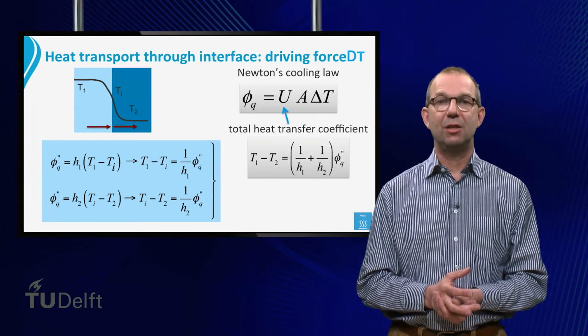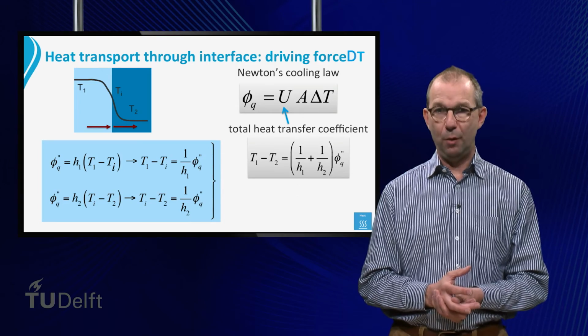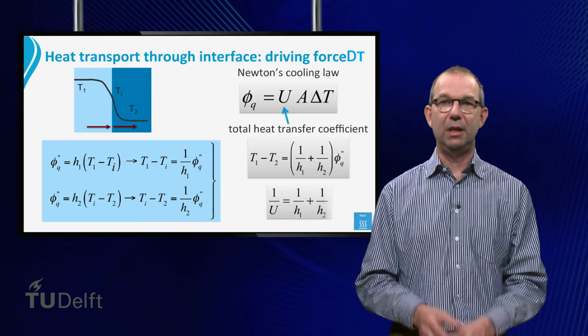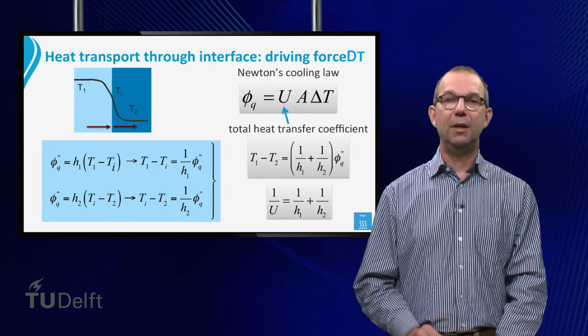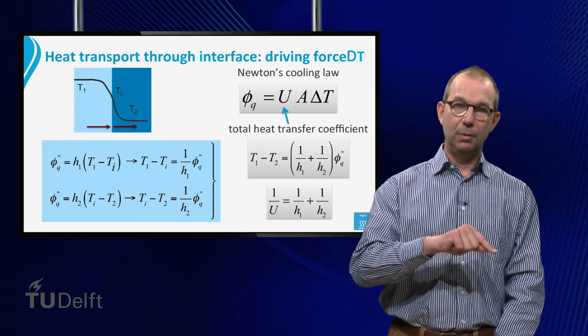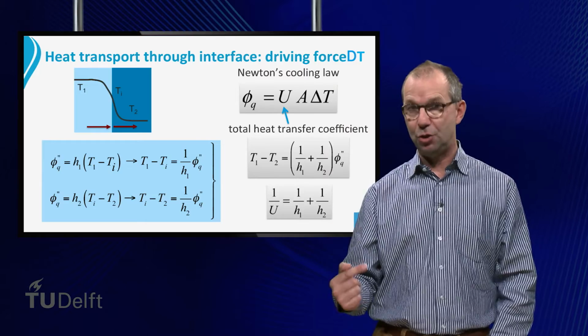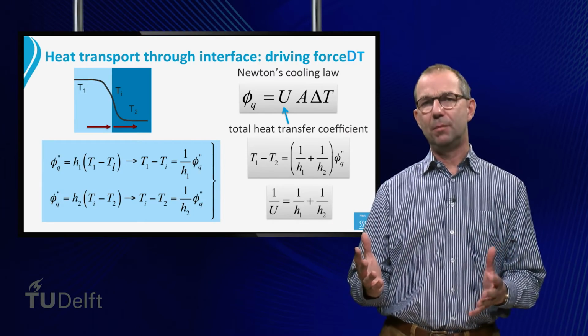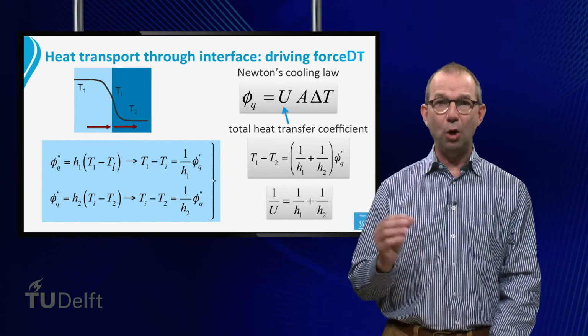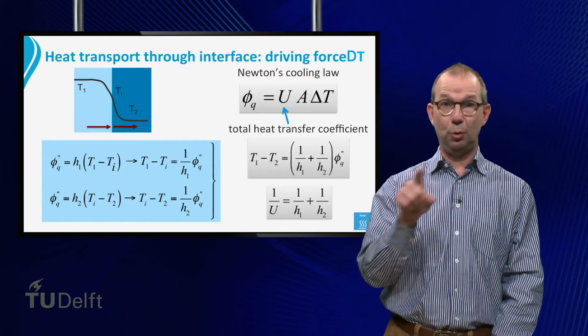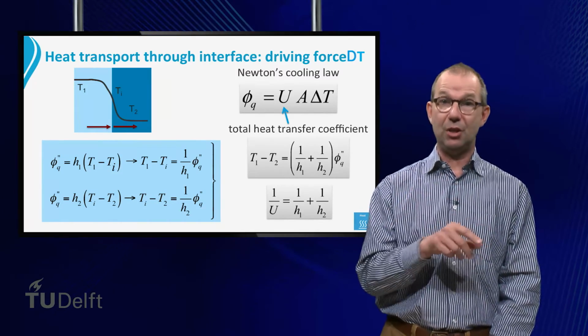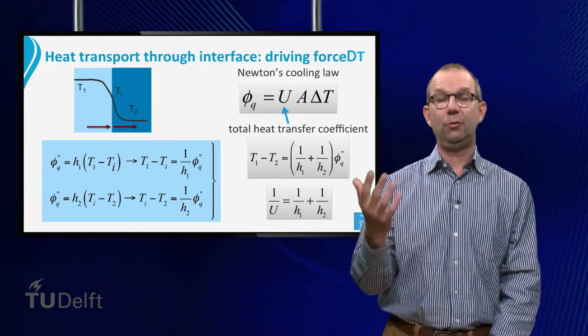If we compare this with the general form given above, we find for the total heat transfer coefficient U that 1 over U equals 1 over h1 plus 1 over h2. No surprises, isn't it? This just states that the total resistance is the sum of the two resistances which are in series, just as we could have expected from Ohm's law.